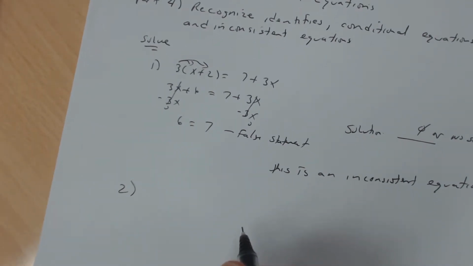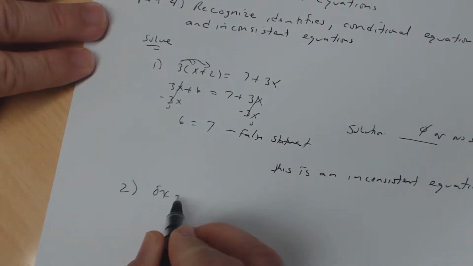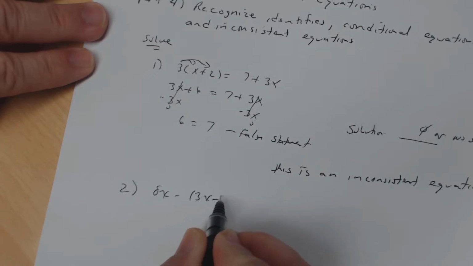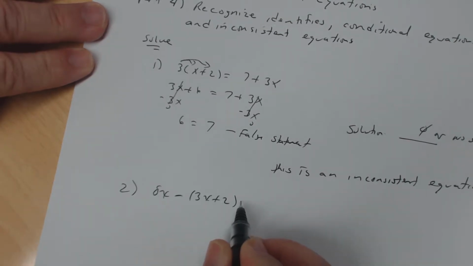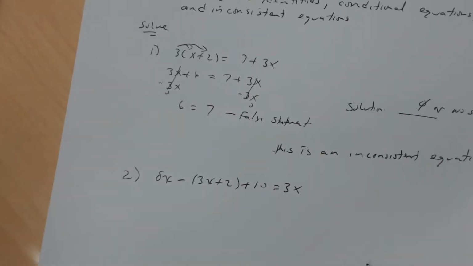All right, let's look at this one, number 2. You have 8x minus, in parentheses, 3x plus 2, plus 10 equals 3x. First of all, if I get rid of these parentheses, remember this is understood to be a negative 1.